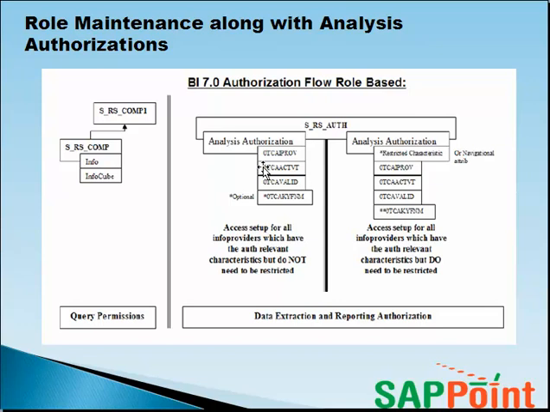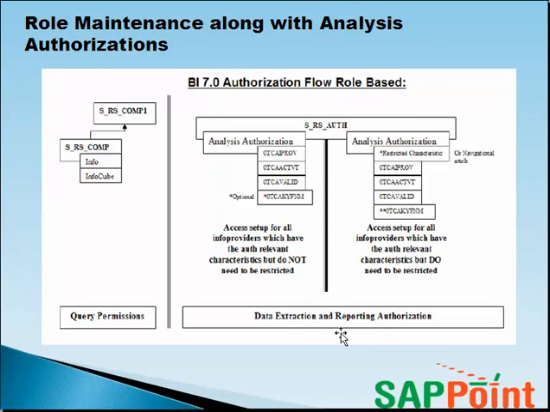So we were introduced to a new transaction RSECADMIN. We also saw the difference between the way BW security is built and BI security is built. So in BI security, we use the new concept called analysis authorization. And the InfoProvider objects like S_RS_ICUBE, S_RS_ODSO, S_RS_MPRO, S_RS_ISET, these authorization objects are no longer needed in BI for reporting purposes, but they are needed for administration purposes.